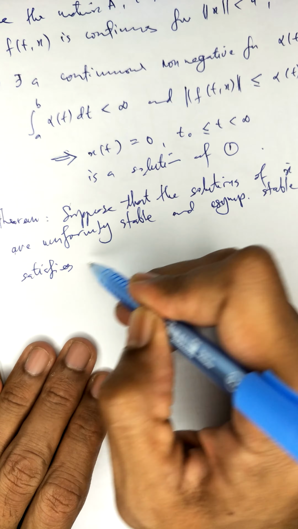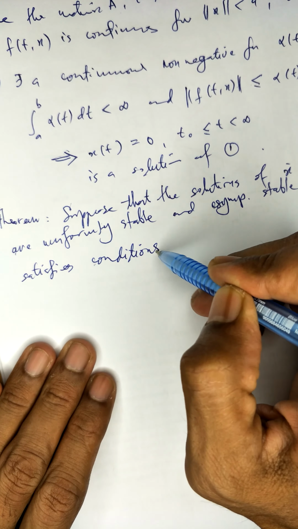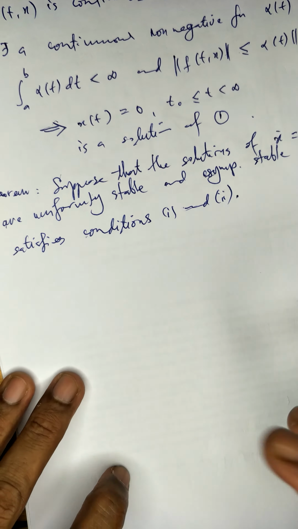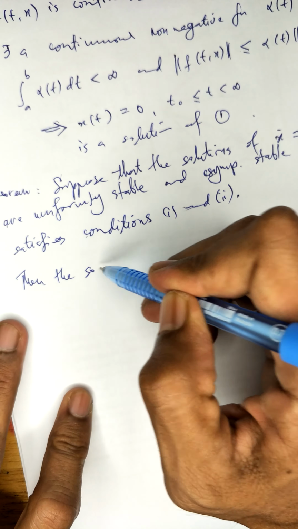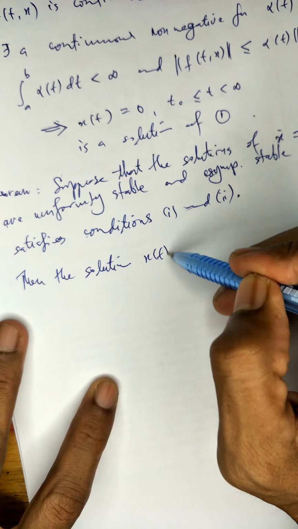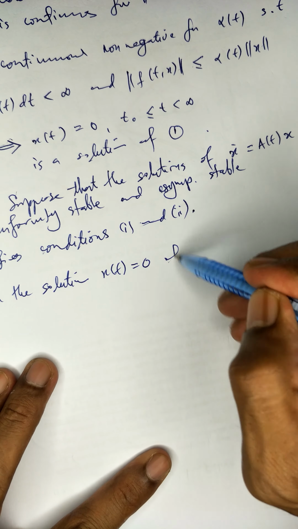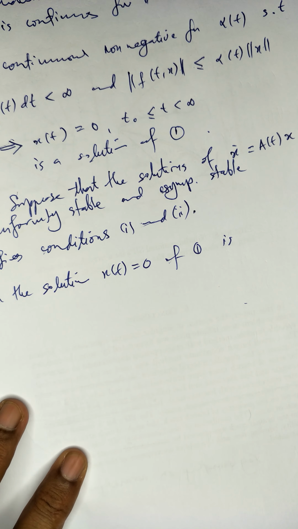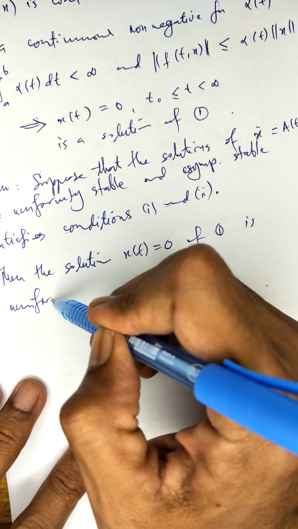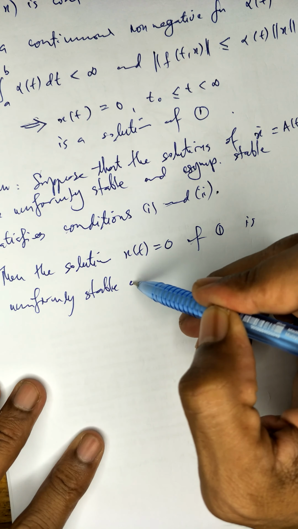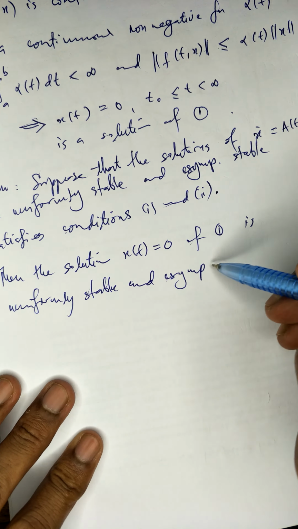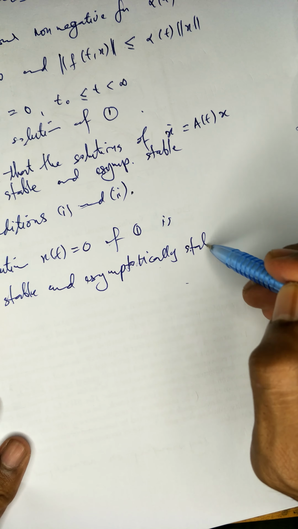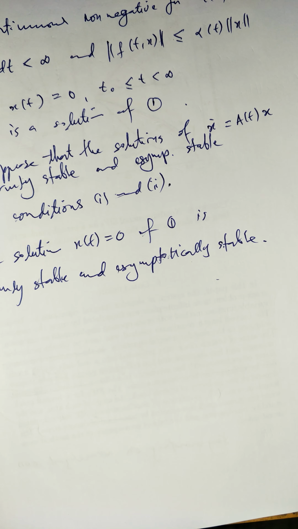Then the solution x(t) equal to 0 of 1 is uniformly stable and asymptotically stable. Okay, so we're going to prove this.